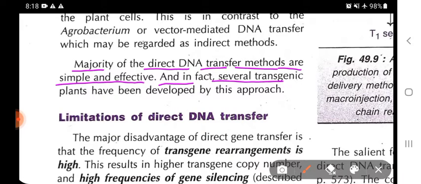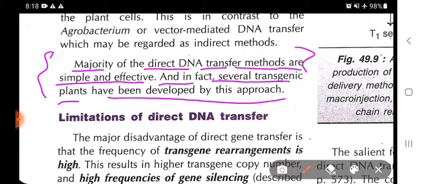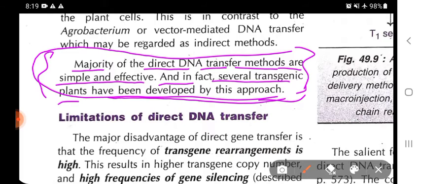In fact, several transgenic plants and animals can be developed by this approach. Most of the small scale biotech companies depend on this direct method of gene transfer for making transgenic plants and transgenic animals.